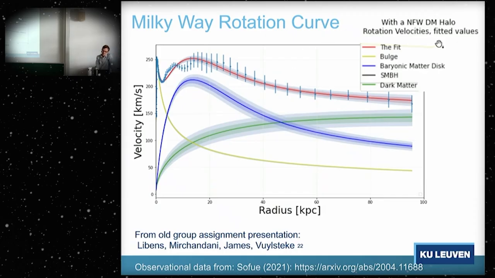In this particular case, they used one of these Navarro-Frenk-White analytic dark matter halo density distributions in order to fit the observed rotation curve. Okay, so this is sort of the key illustration of why the dark matter halo is needed to fit the rotation curves of spiral galaxies. In this case, then, of course, the Milky Way.